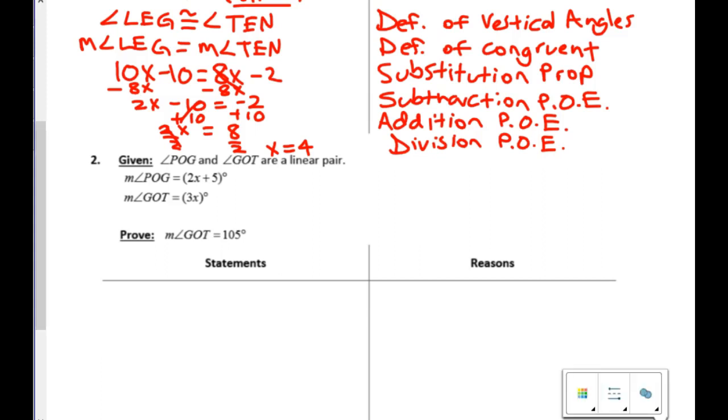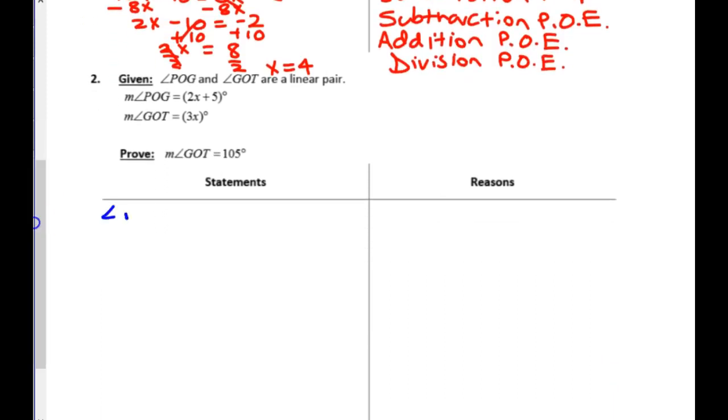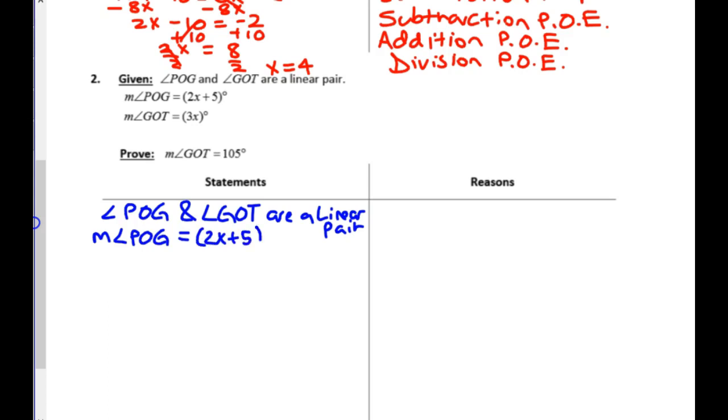So once again, we got to write all that stuff for given. So let's do that. That is given.